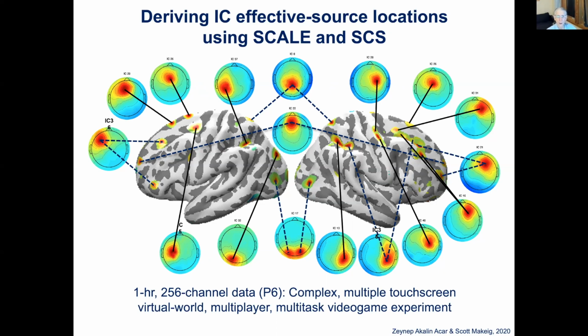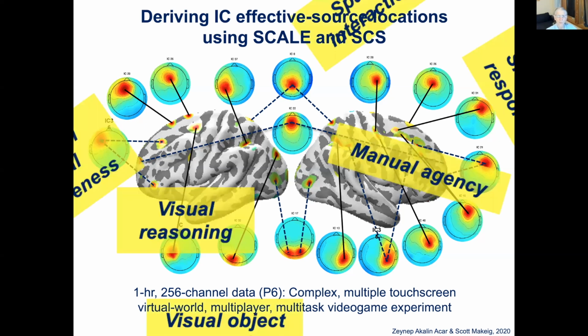These are a dozen or more independent component source maps, each compatible with a dipolar representation. And here we're trying to estimate the actual cortical locations of the locally synchronous activity.